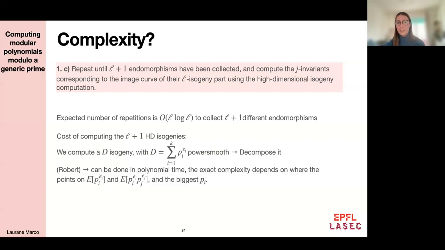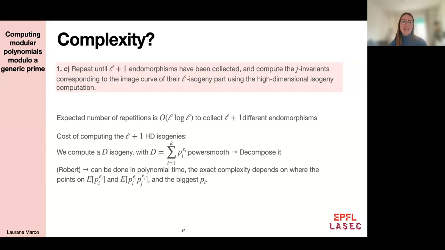So you compute a D isogeny, you decompose D, this should be a product and not a sum. I'm so sorry about that. You decompose D into its prime product, p_i to the power e_i.